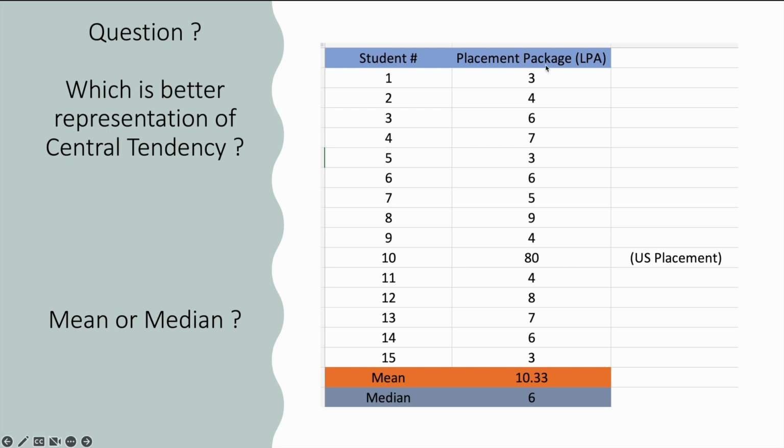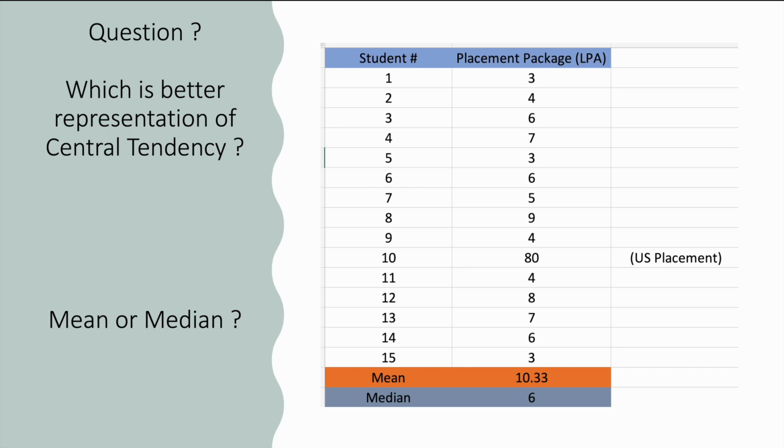Do you think the college was justified in saying that my average salary is 10.33, or should they have represented that my median is 6 lakhs per annum, not 10.33 but 6 lakhs per annum? Which do you think accurately represents this data, or which accurately represents the central tendency of this data?